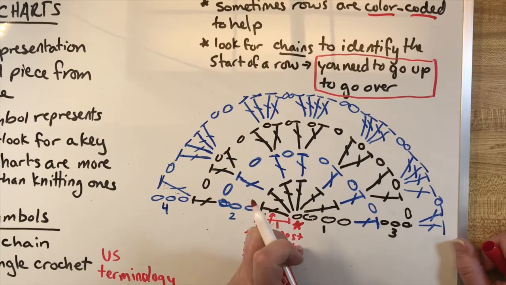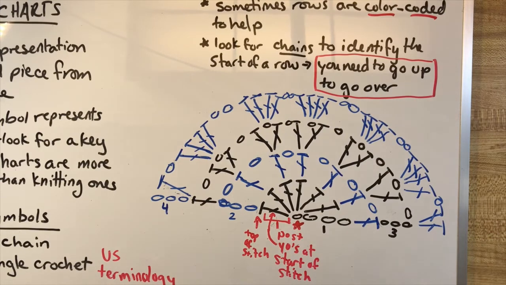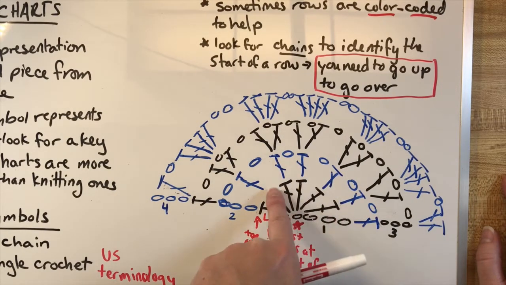Let's try that. Yarn overs at start of stitch. I do so much planning and then I do so much just kind of winging it with you guys, right? So row 1 is to chain 4 and then start going over.